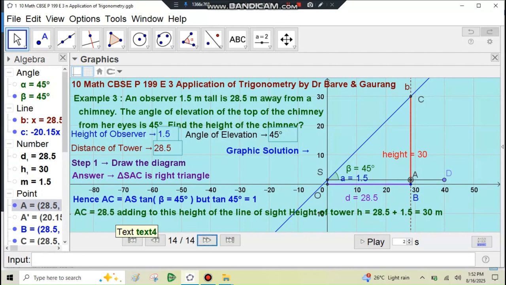To that we add the line of sight height, 1.5 meter, so total is 30 meters. So please see that you can either work out by graphics itself in this GeoGebra or use trigonometry and get the desired solution. I would suggest that you start using this software GeoGebra and start solving the problems through this.